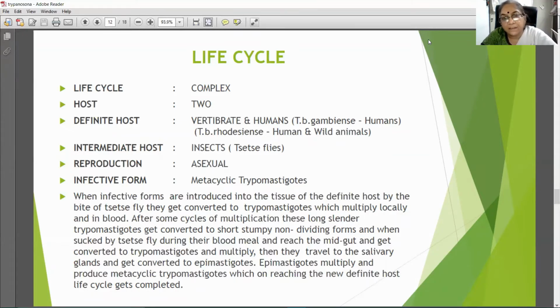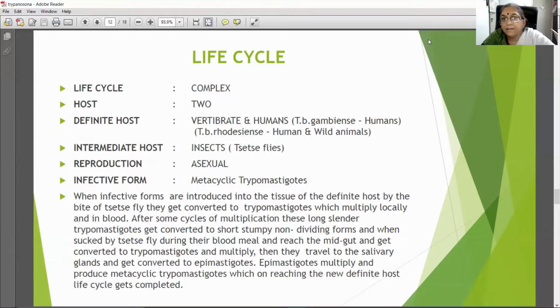After some cycles of multiplication, these long, slender trypomastigotes get converted into short, stumpy, non-dividing forms. This happens in the human being. These short stumpy forms circulate in the blood of the human being.